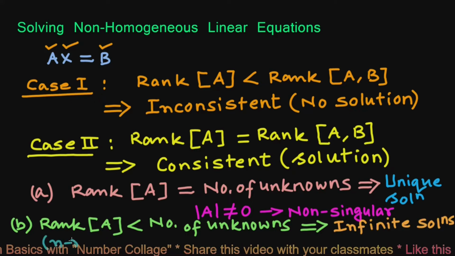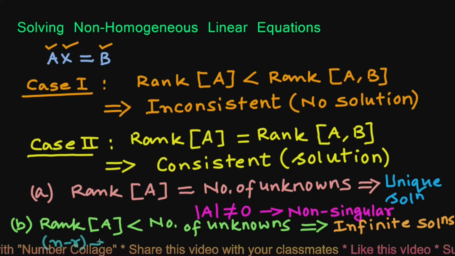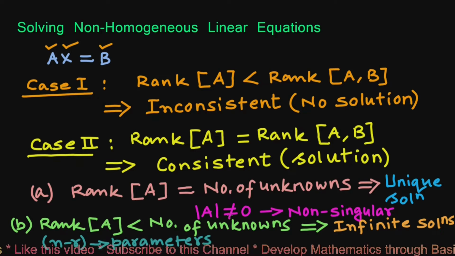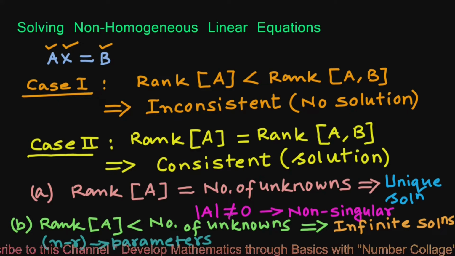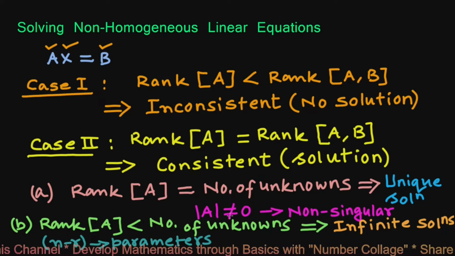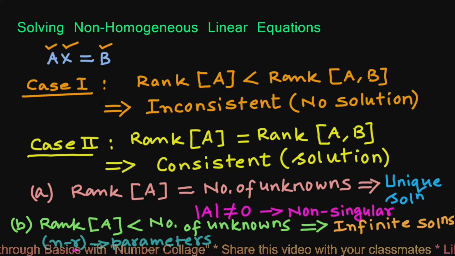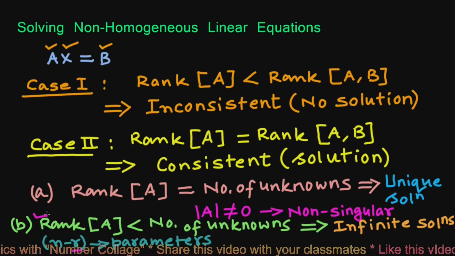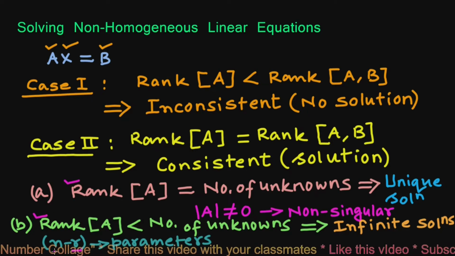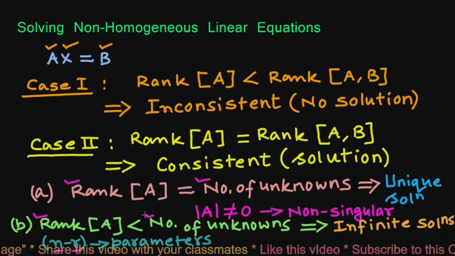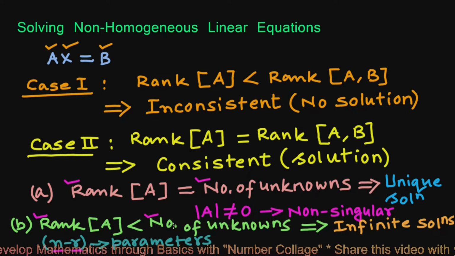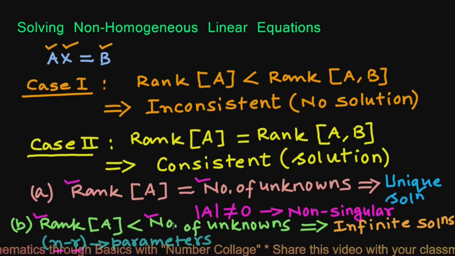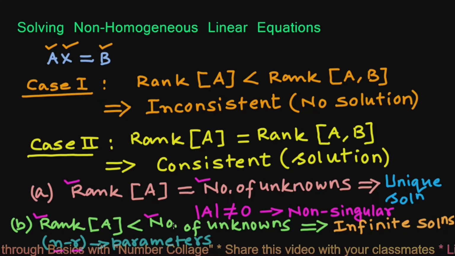Here n minus r unknowns, called parameters, can be assigned arbitrary values, and the remaining unknowns can be expressed in terms of these parameters. Here r represents the rank of matrix A and n represents the number of unknowns. Now we will solve some non-homogeneous linear equations and see how these cases can be applied in them.